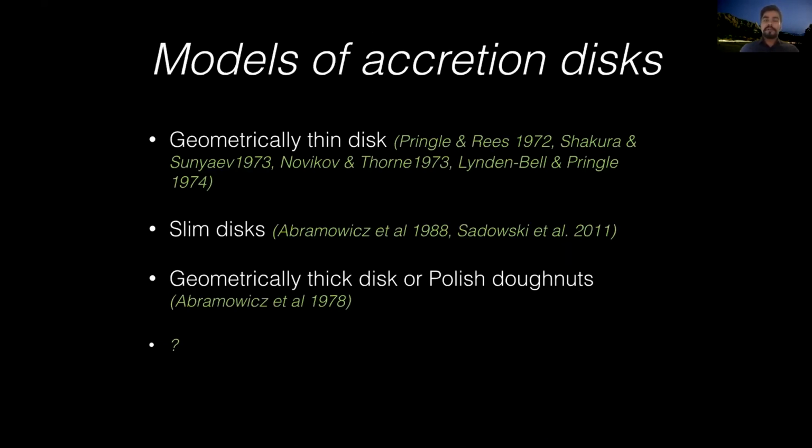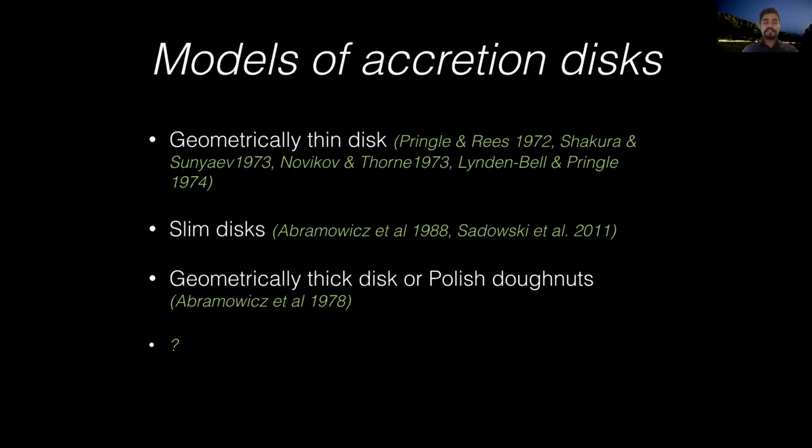Probably you all are familiar, but I will briefly mention the different types of accretion disk models currently available. One is the geometrically thin disk, which is my interest at the moment. Then there are slim disks, and then the geometrically thick flows.